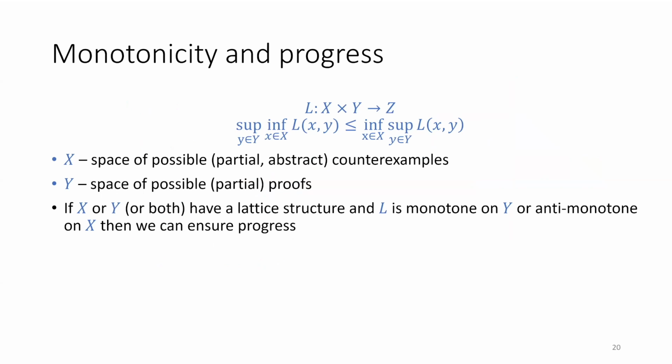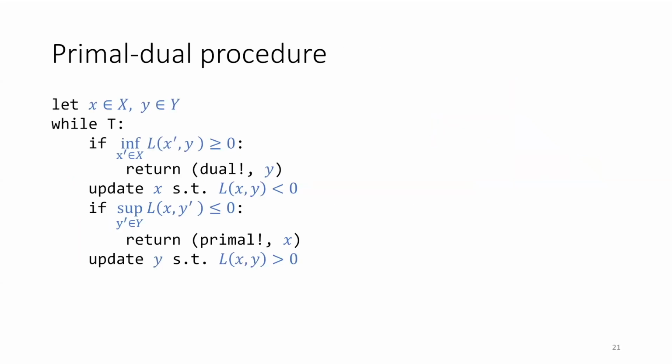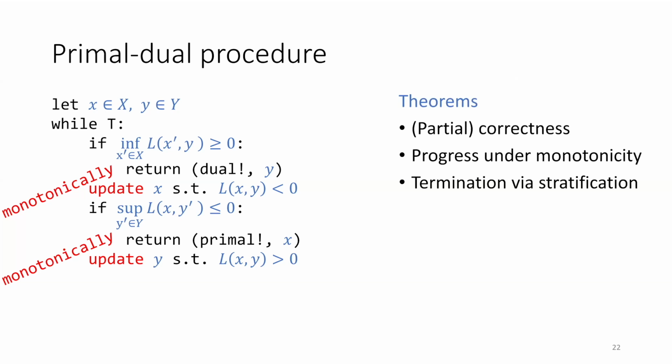So we need to introduce monotonicity in order to make progress. If either x or y has a lattice structure and the Lagrangian is either monotone on y or anti-monotone on x, then we can ensure progress if we update monotonically. Instead of just updating to the new point, we take the join with the prior value. This is basically our abstract algorithm.